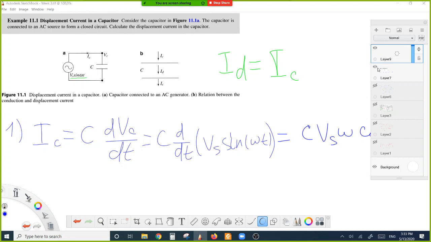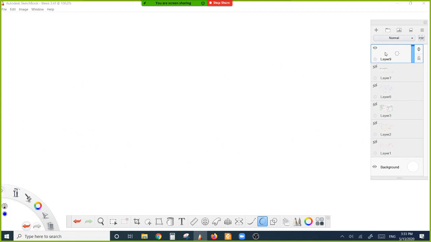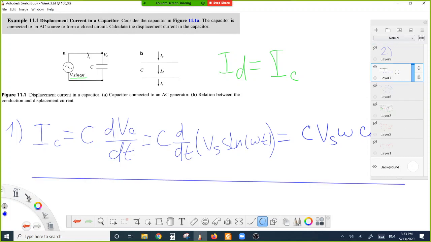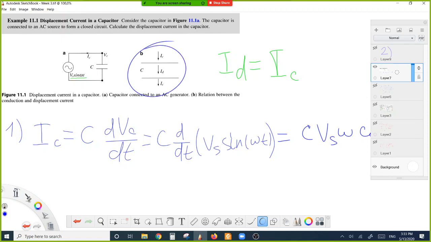Let me open a new page. Okay, so another way to solve. This solution simply comes from circuit theory. From this picture we can see that ID displacement current is equal to IC, and IC comes simply from circuit theory.